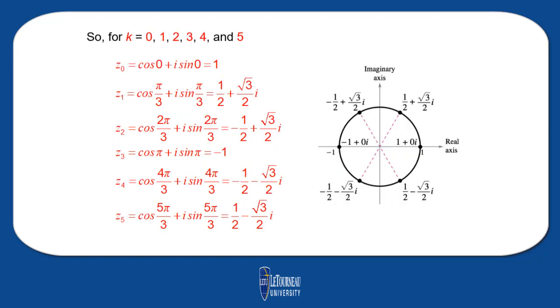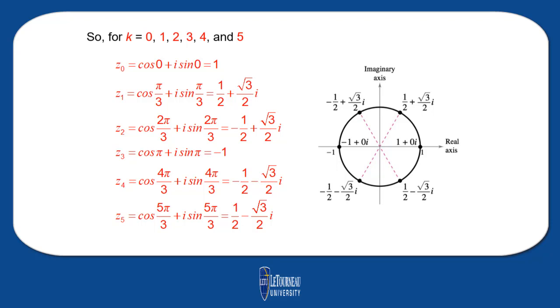If we crank out all of them, you can stop the video if you want to and determine where the pi over 3 came from, the 2 pi over 3, pi, 4 pi over 3, 5 pi over 3, and so forth, so that we could find all 6 roots of 1.